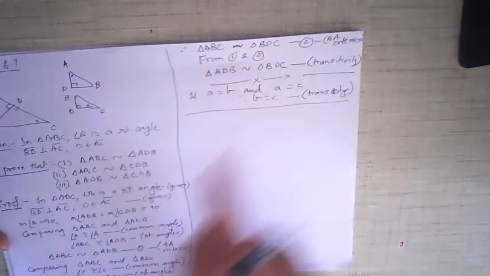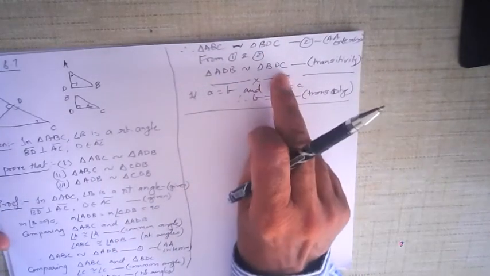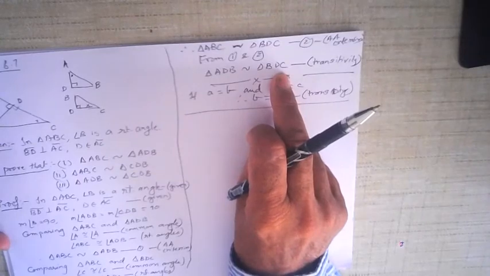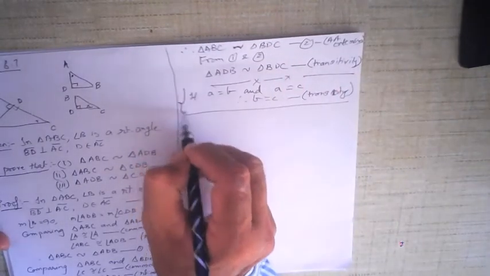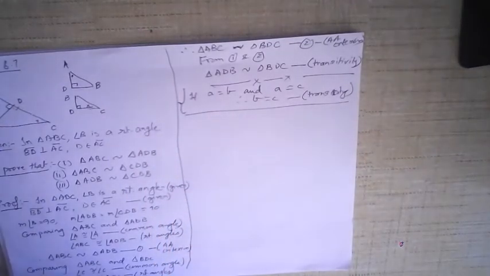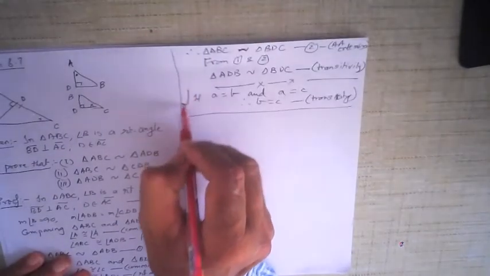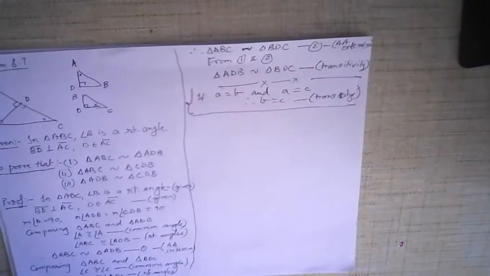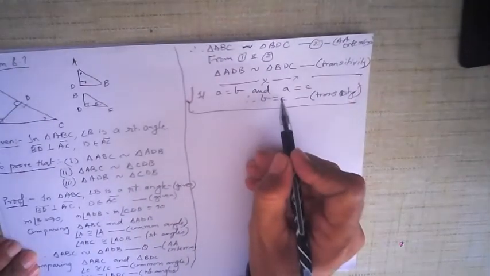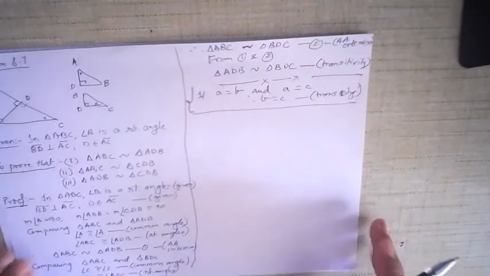If you combine 1 and 2, you get triangle ADB is similar to triangle BDC. Remember, this property is called transitivity, but you don't have to write this. This part should not be written. This is only for explanation, so be careful. This part is not part of the theorem, that was only for explaining it to you.